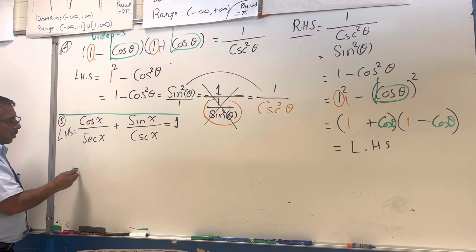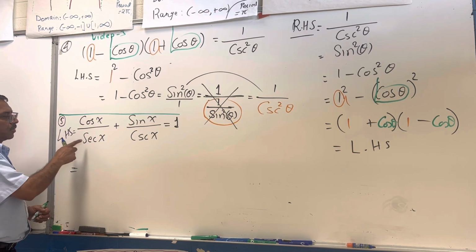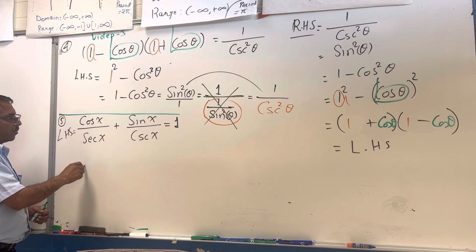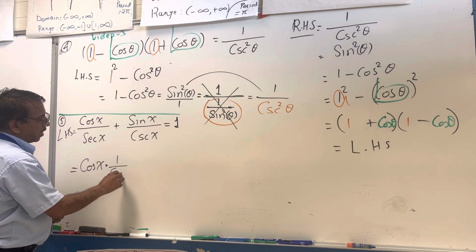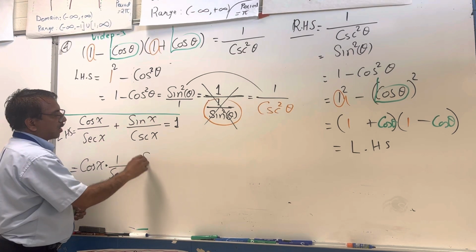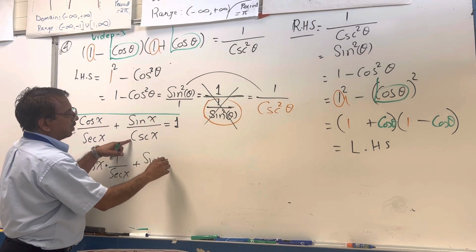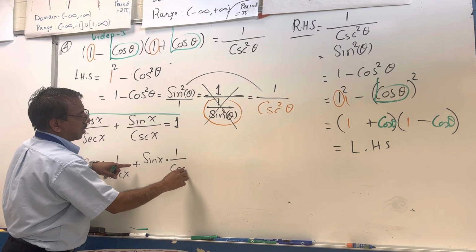What is our option? There's a secant here. So this means it is cosine x times 1 over secant x, right? Plus sine x, and this means it is 1 over cosecant x, right?